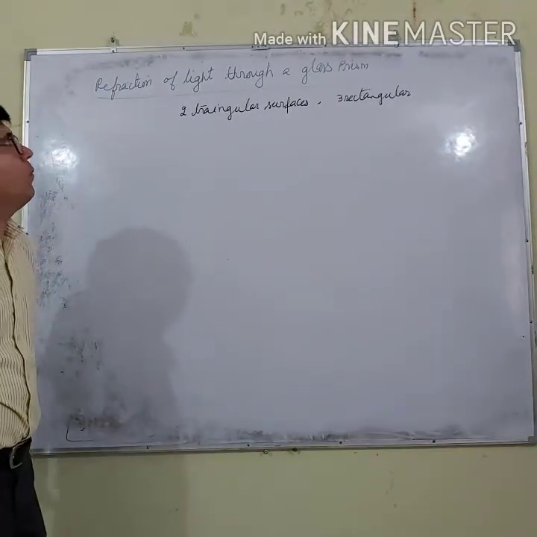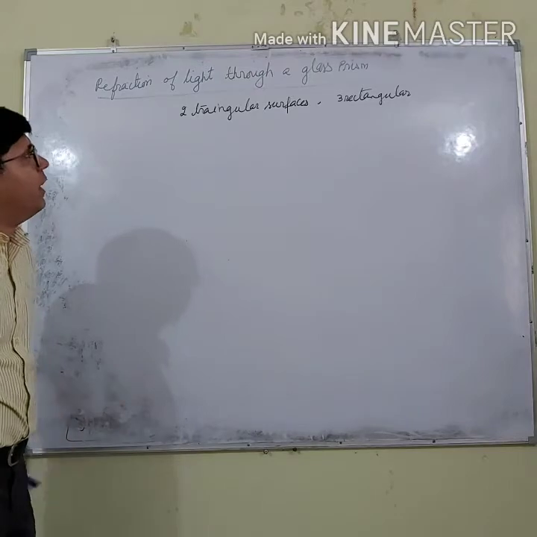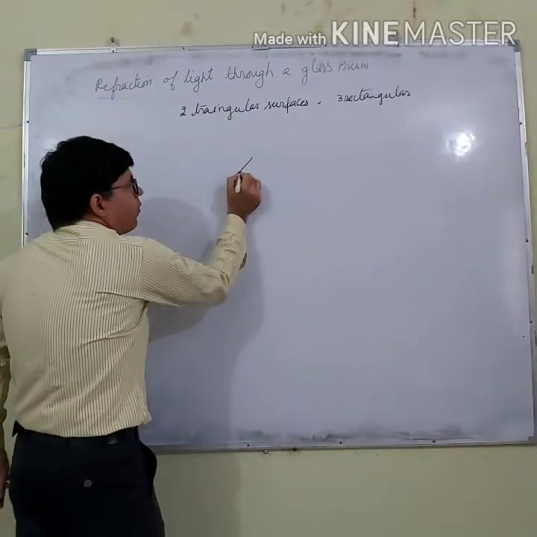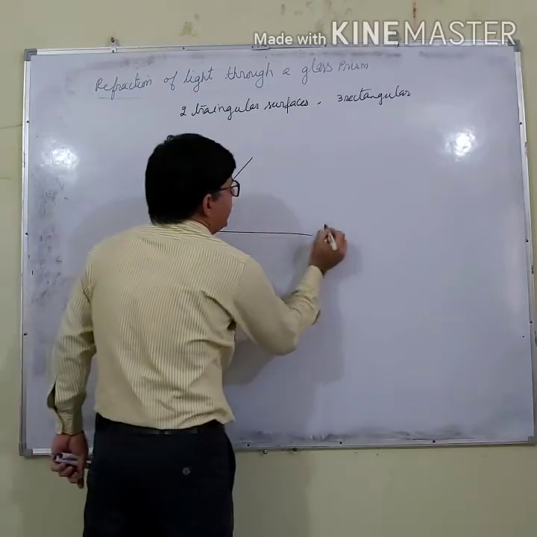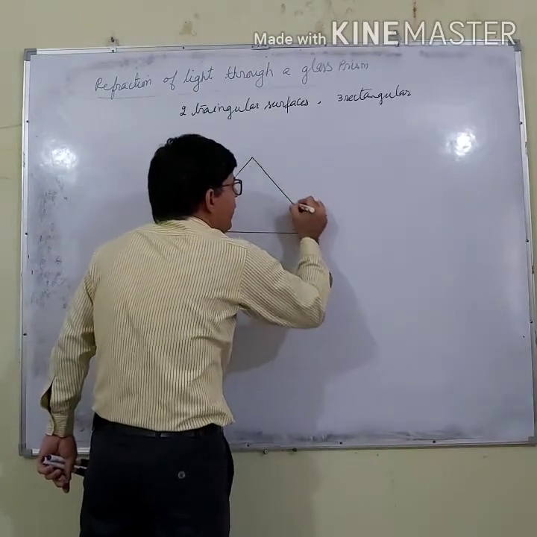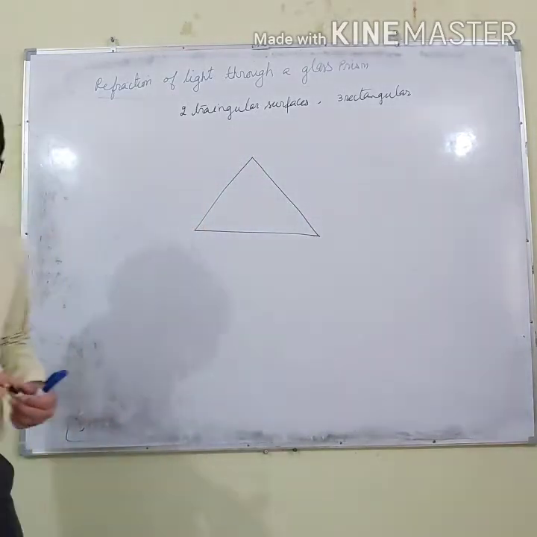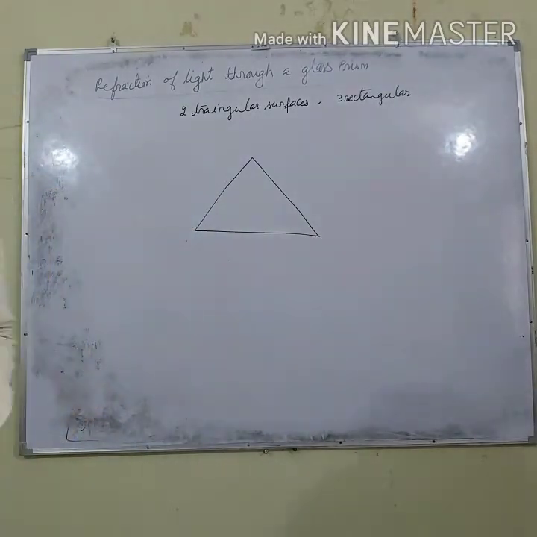Now let us do refraction of the light through a glass prism. Let us say this is a glass prism. Whenever we have to do an experiment with the glass prism, how do we place the glass prism?